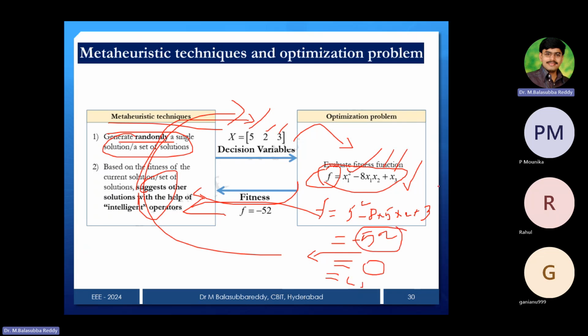You keep on doing this process until the maximum number of iterations, so that you get the final minimum value. So that is the way we process these metaheuristic technique solutions.